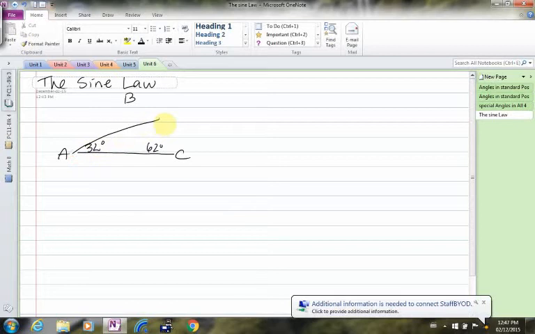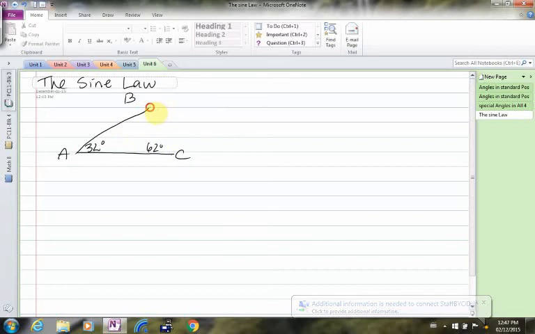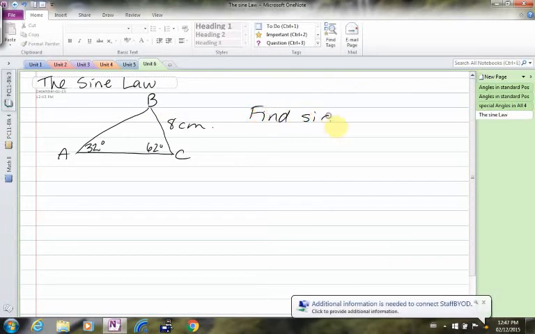Because I didn't make that very realistic. There. That matches our data a little bit better. And we have 8 centimeters for the length over here. All right, so let's say our goal was to find side C.